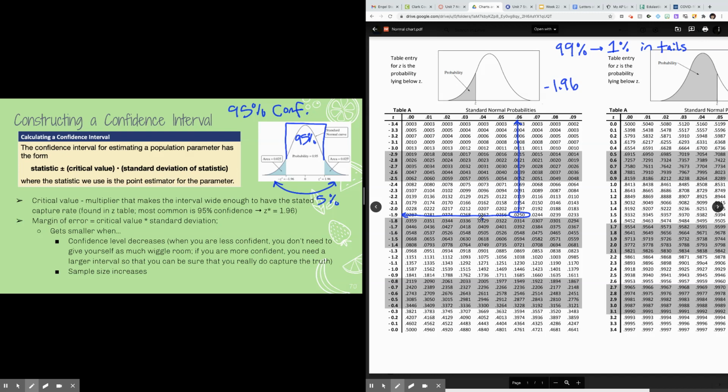So that means I have 0.5% in each tail. So here I want to look in my Z table for the number that's as close to 0.5% as possible. So I want 0.005, something as close to 0.005 as I can get.